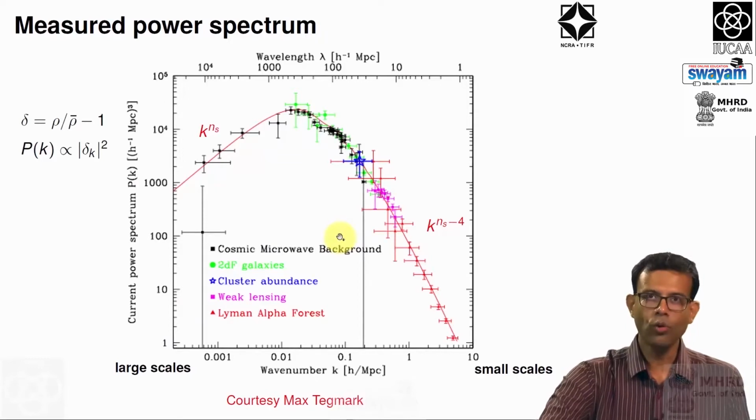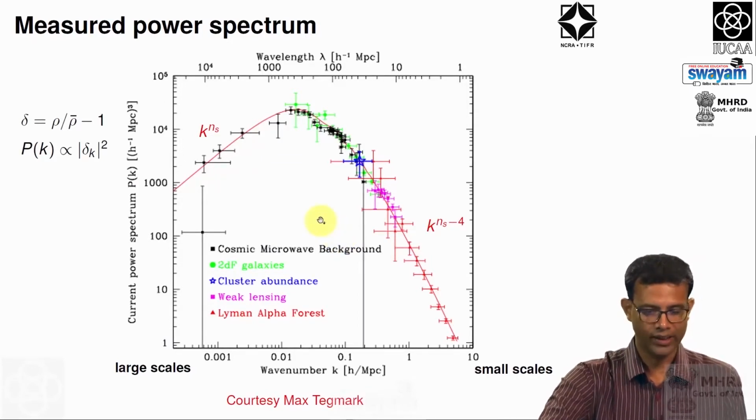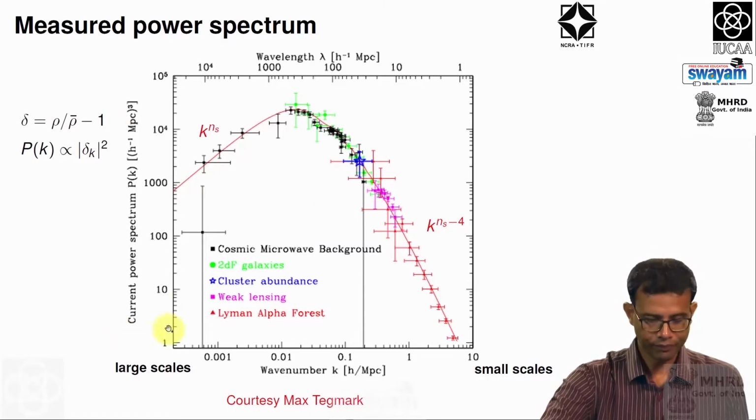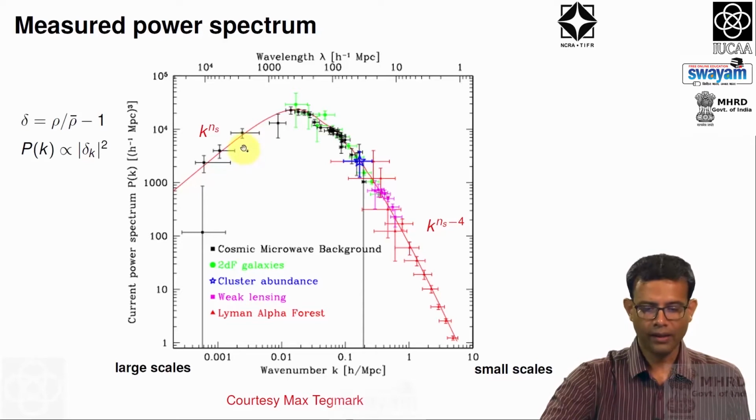Again, we will not have time to work out the transfer function in great detail, but let me show you the final result. What has been plotted here is the power spectrum versus k. This is basically the form of the power spectrum. The points with error bars are different data points.